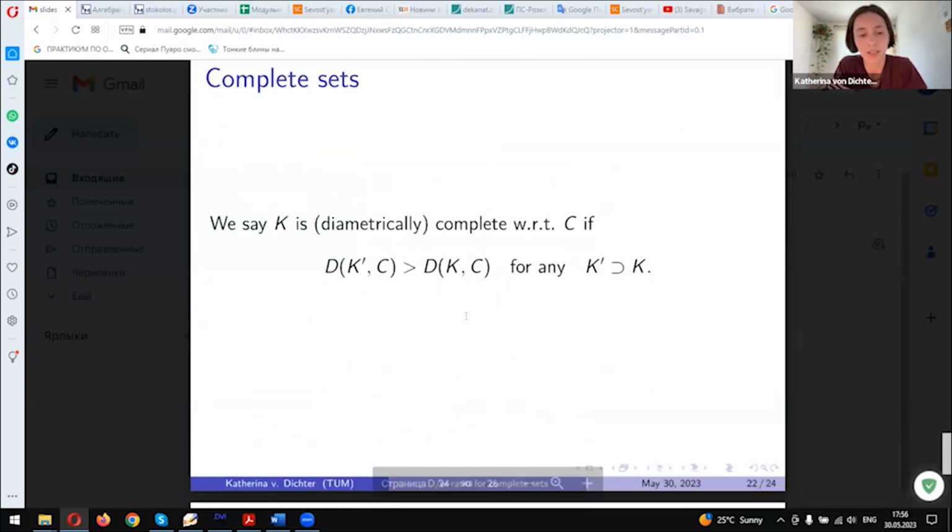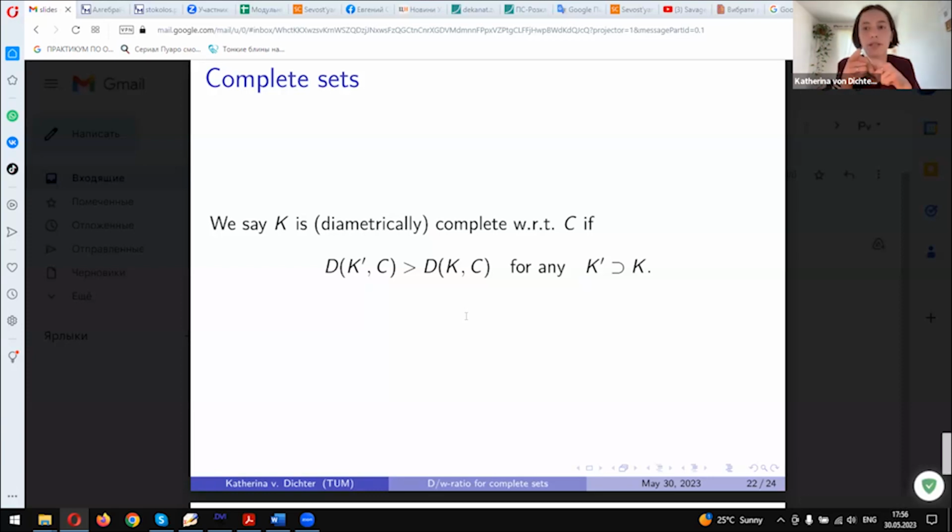But it's very difficult to study the constant width sets. So people came up with a broader family of sets, which is called the complete sets. For a complete set K, the diameter of any bigger set is strictly greater than the diameter of the body K, which means taking any point outside and including it in a convex hull with your considered body K will enlarge the diameter in this direction.